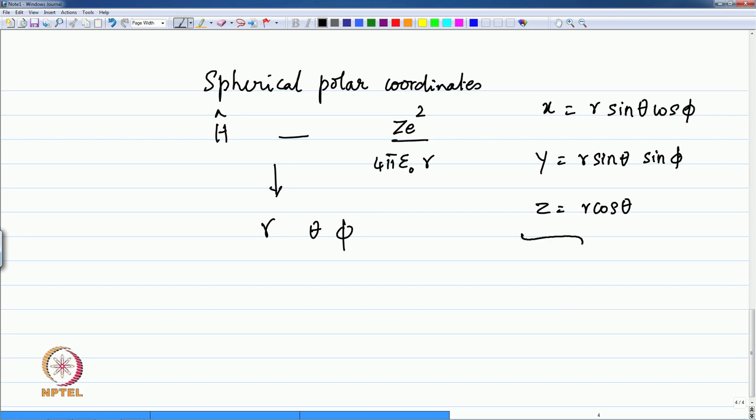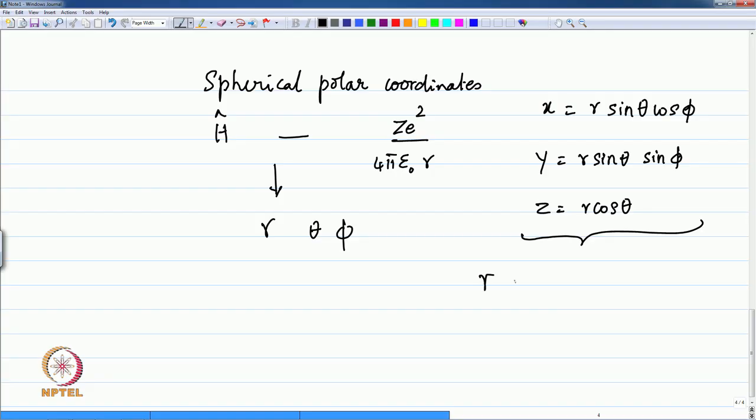These are the equations for the transformation between polar and Cartesian coordinates, and the inverse transformation is of course r equals the square root of x square plus y square plus z square. If you take the ratio of y by x, r sin theta cancels off and you have tan phi, or phi is tan inverse y by x.